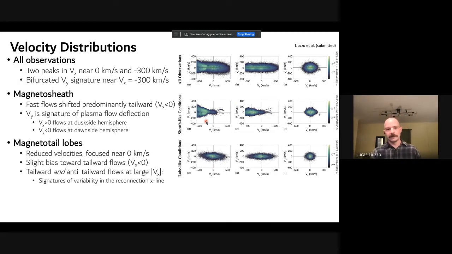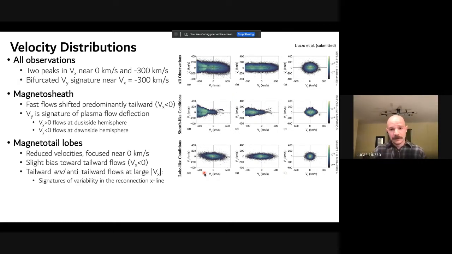If we look at the velocity in the magnetotail, we see that the velocities are, again, kind of shrunk. The extent of each of these components is much smaller than in the magnetosheath or in all the observations. You probably can't see it really well here, but there's a slight tailward bias in Vx. So on average, the flows are traveling tailward, anti-sunward, more frequently than they are traveling earthward.